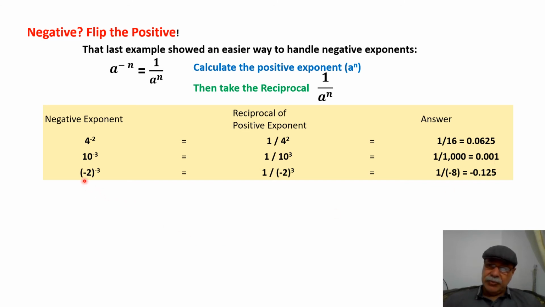Minus 2 to the power minus 3. You see, this is a bit tricky here. Please focus on it. Minus 2 to the power minus 3 equals 1 over minus 2 to the power 3. Keep this minus, not like this minus. This one is 1, the minus for the exponent is always 1. When I change it to a fraction, I put 1 over the value here. This minus 2 is kept, don't change anything, but to the power 3, or cube.